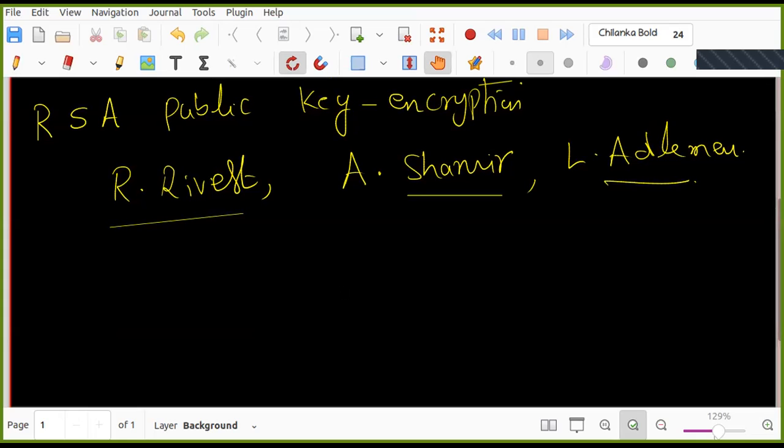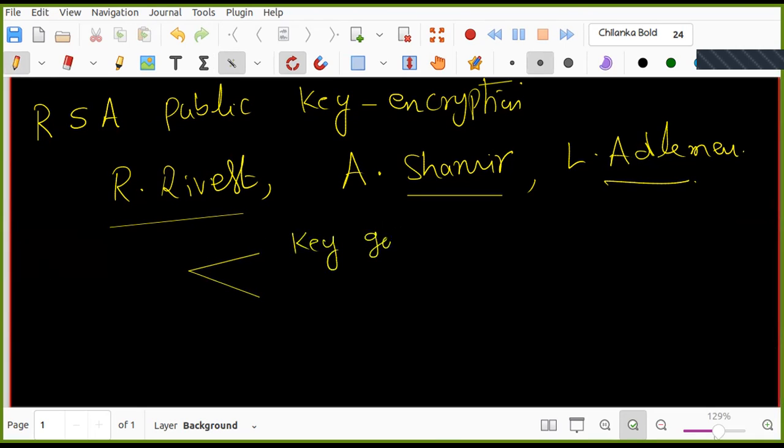So this is a public key crypto system, right? Actually, in public key crypto system encryptions, mainly 3 things will be there, okay, in fact 4. The first one is key generation. Next one is key distribution.